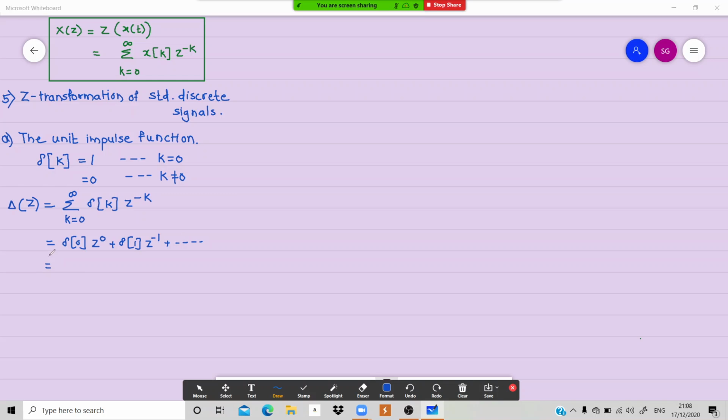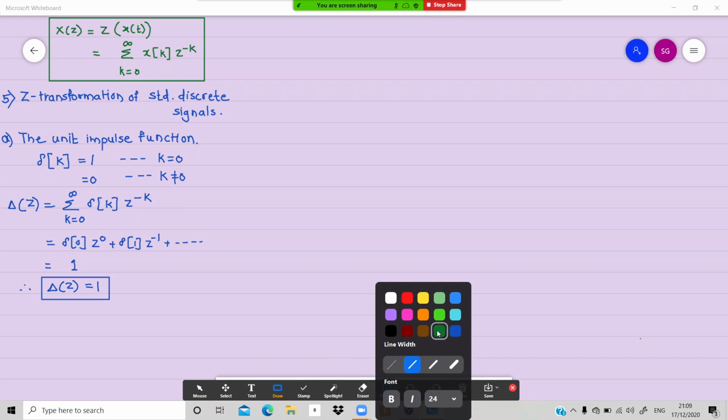So delta 0, we know that at initial condition it is 1, z raised to 0 is also 1, rest all are 0, correct? That means 1 plus 0, 0, 0, that is going to give you that, yes, delta z is equal to 1. First function we have done.